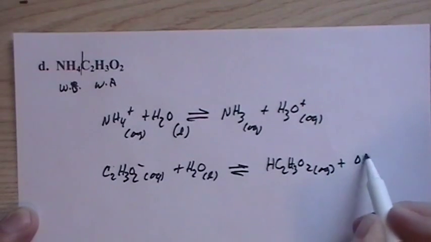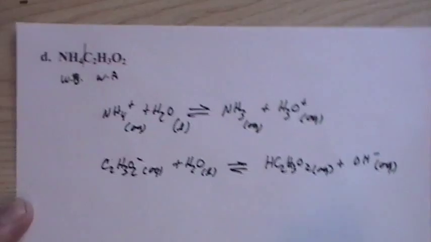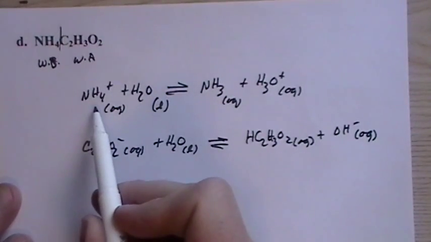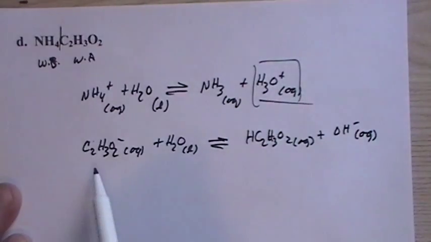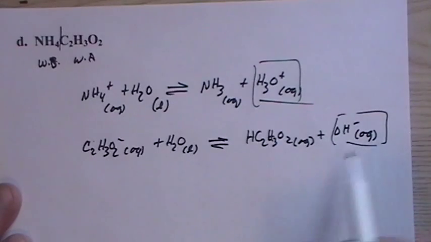And OH minus. So we can see that this conjugate acid of the weak base is going to produce H3O plus, and then the conjugate base of the weak acid is going to produce OH minus when it goes back.